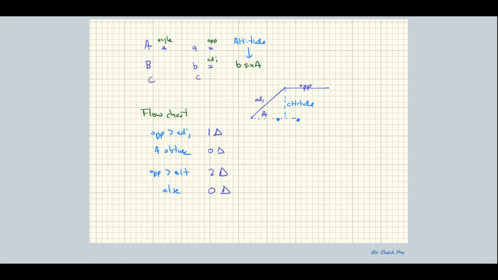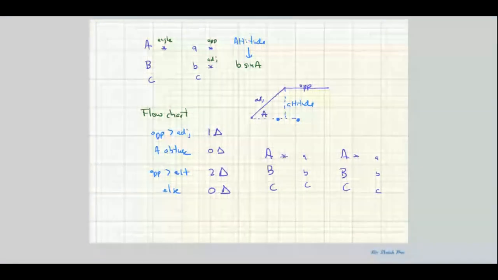And now the other calculations from the homework, you have to remember that you get two triangles, and the triangles are, in this case, A, B, C, and A, B, C. A is not going to change, right?